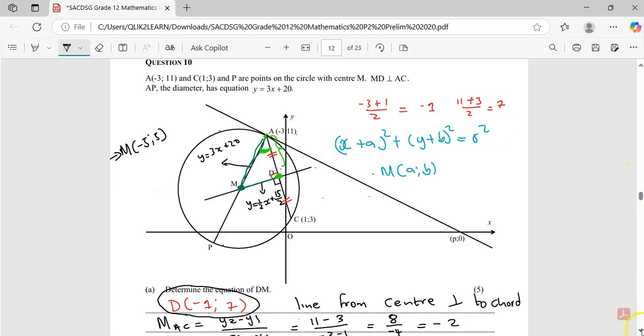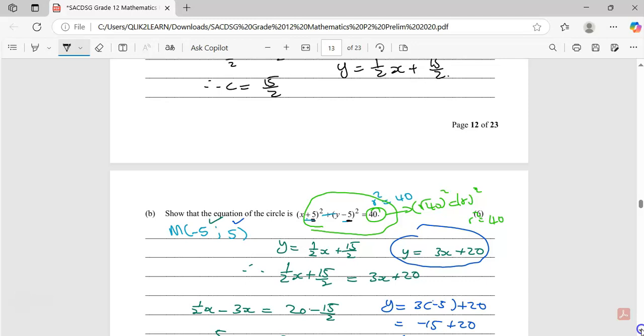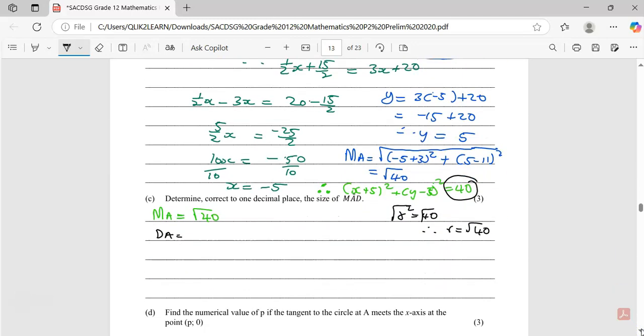So I'm going to quickly use the distance formula to find DA. If we do the substitution, it will be the root of minus 1 plus 3 squared plus 7 minus 11 squared. If you punch that on the calculator, DA is equal to the root of 20.